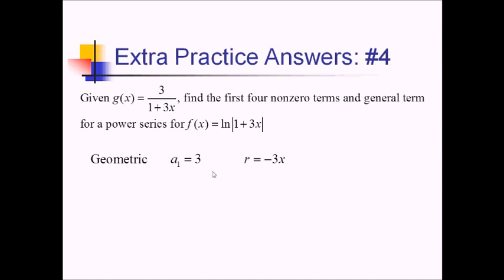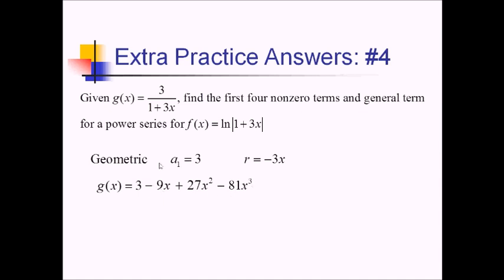So writing out my series, I've got 3, and then multiplying by my r value, we've got negative 9x plus 27x squared minus 81x cubed. I just need 4 non-zero terms for the f function here, and this is going to give me that when I take the antiderivative, so I just need my general term now, which is going to have a -1 to the n, so we can alternate.